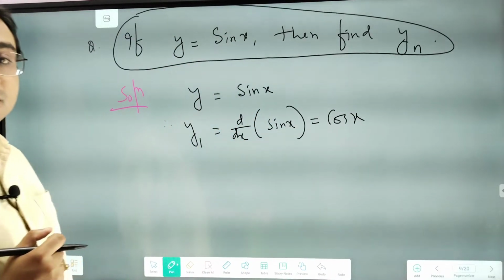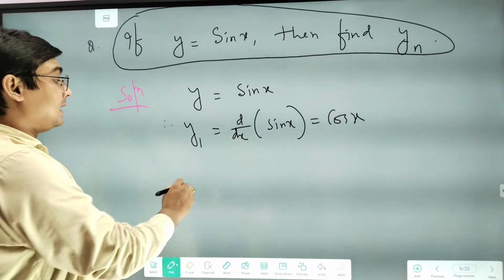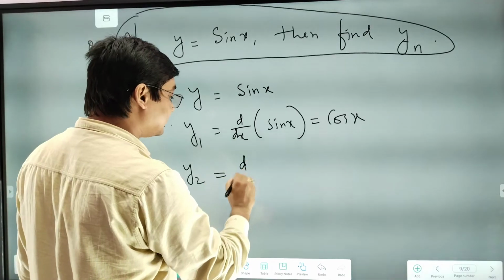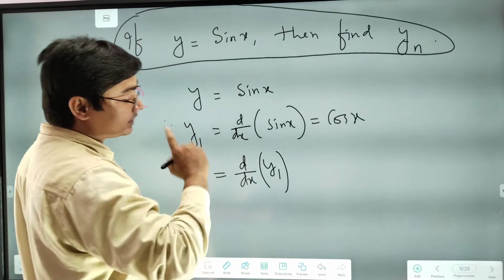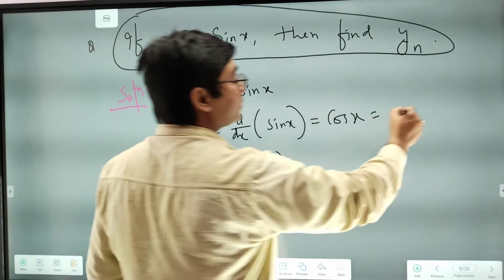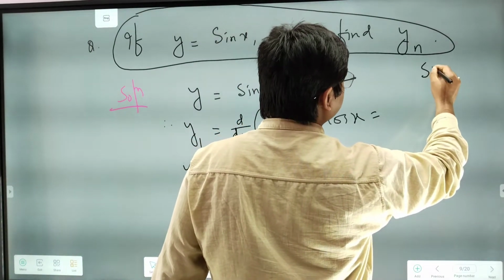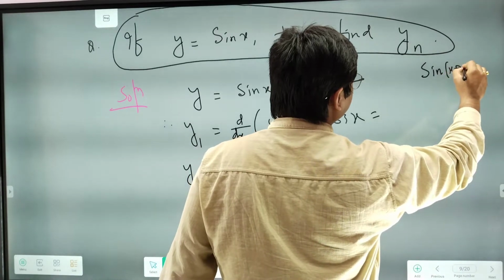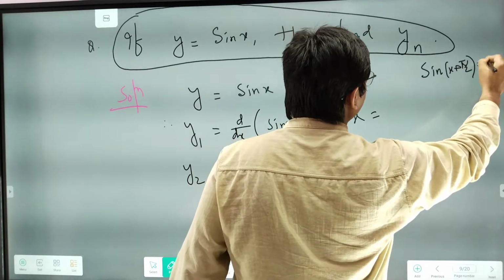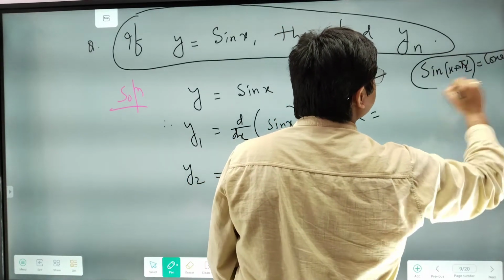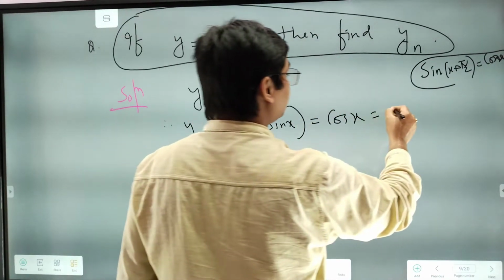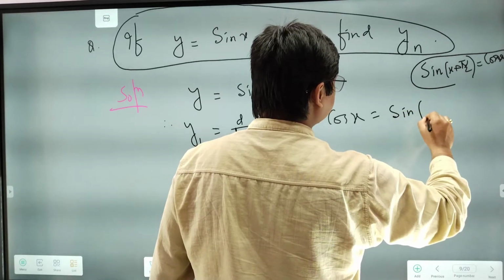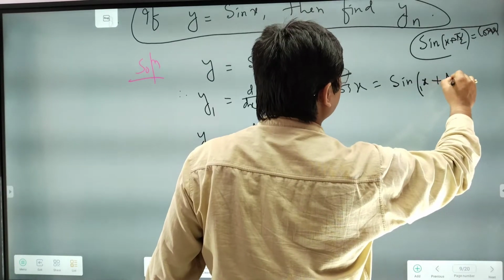Now we need y2, that is d by dx of y1. So now you see here in terms of x. We have a formula: sine of x plus pi by 2 is equal to cos x. Yes, cos x is equal to sine of x plus pi by 2. So this cos x we can write this way.